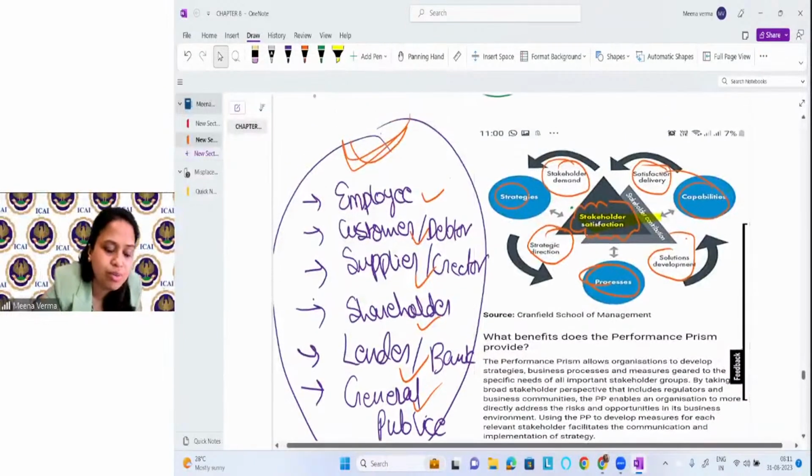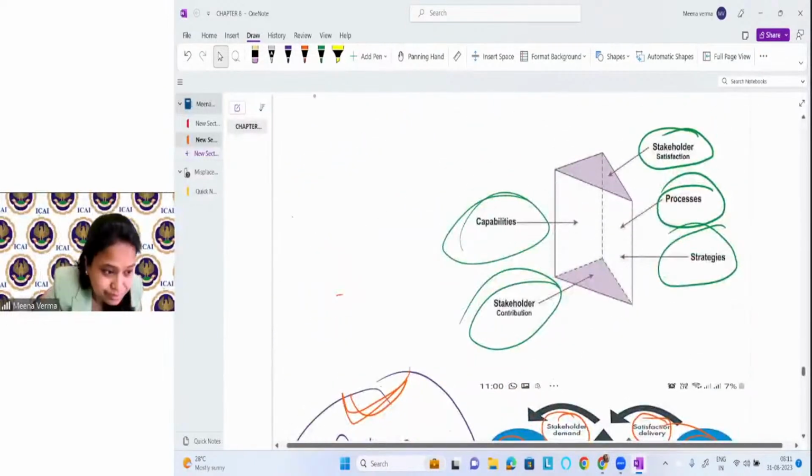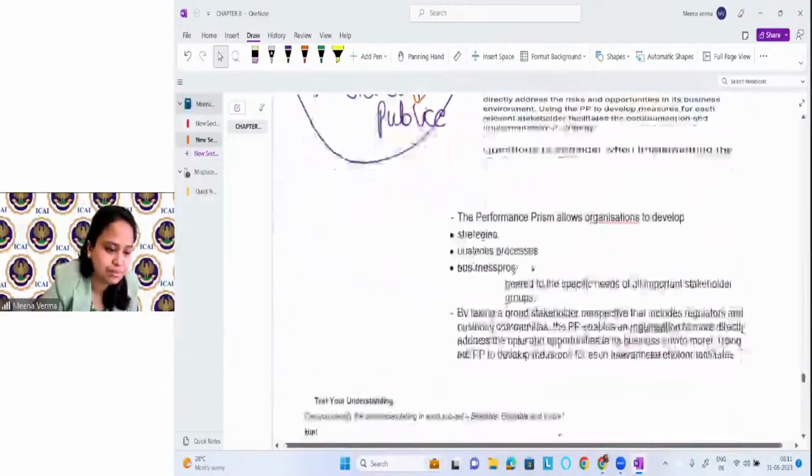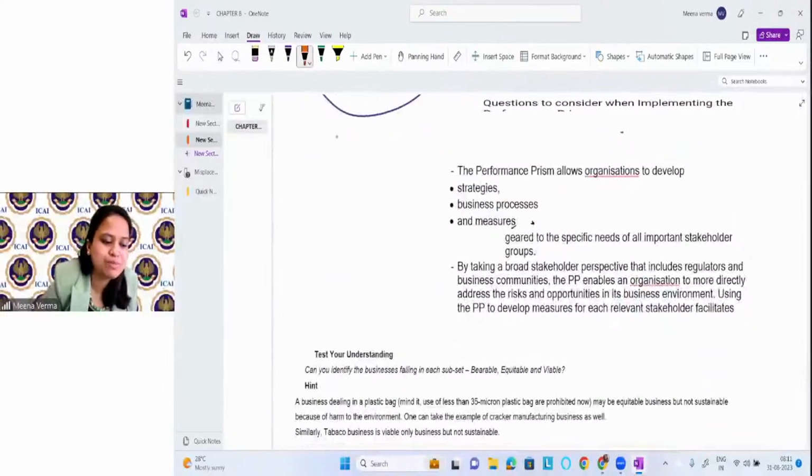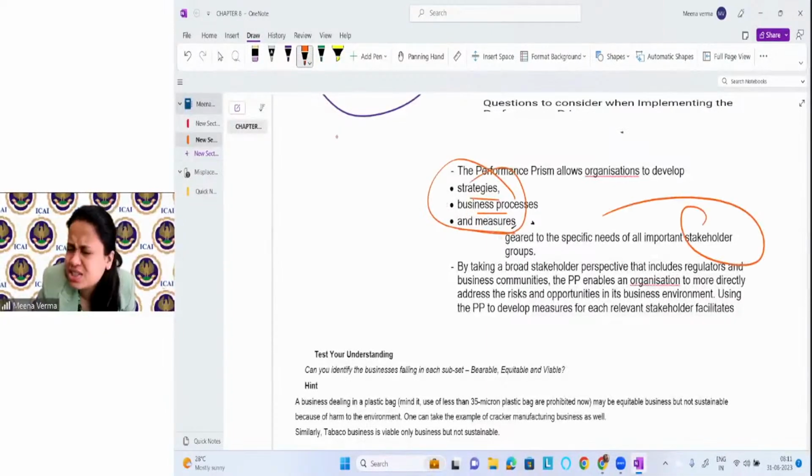So this is what the performance prism is. The performance prism is focused on improving the strategies of the company, improving the entire business process, and measuring it, right? Why? Because we want to keep all the stakeholders happy. Stakeholders means what we have just learned.